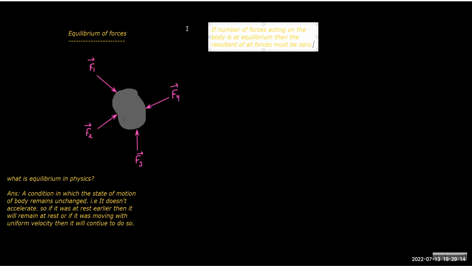So now, from the polygon law, because we have multiple forces: if all forces have zero resultant, what does it mean? That the tip of the last vector is coinciding with the tail of the first vector.